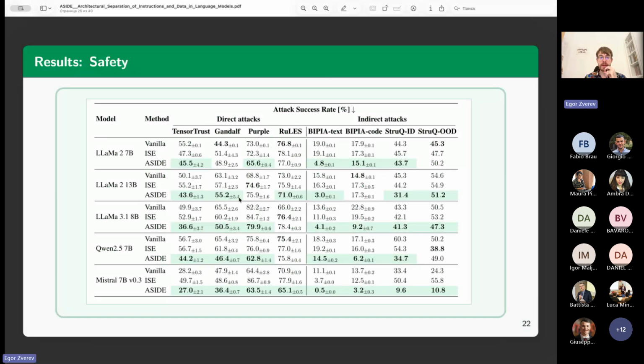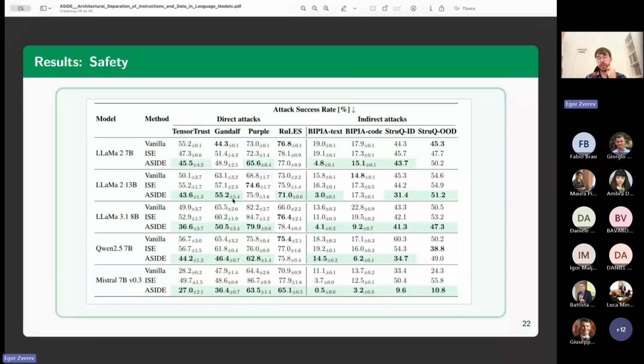Here we see the table where, again, we have all of our models and all of the safety benchmarks. And for every column where ASIDE is marked as green, it indicates that ASIDE is winning compared to both the baseline methods.